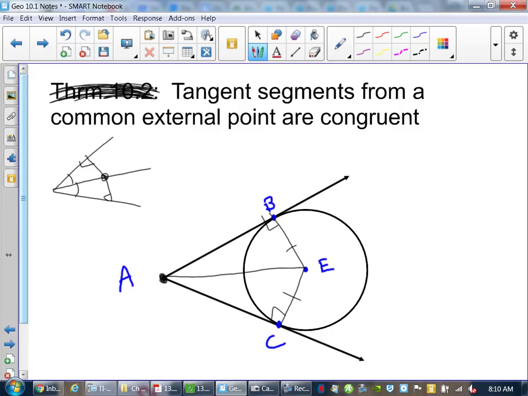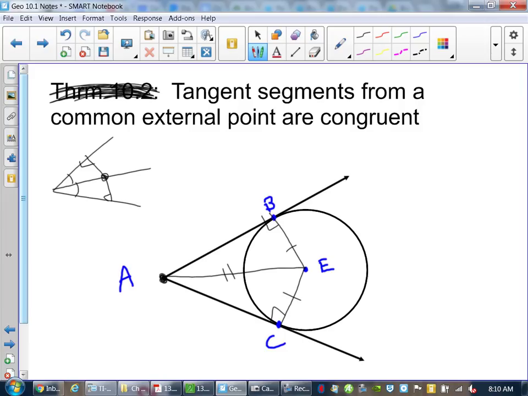How do we say that it's congruent to itself? It's reflexive, very good. So you have a right angle, hypotenuse, and a leg. You get hypotenuse leg.